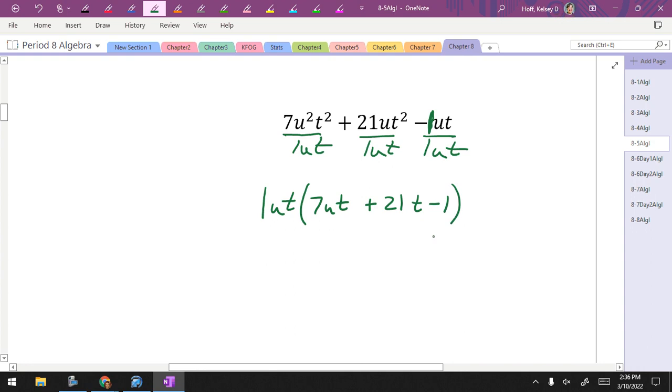Nice. Nice. Do the one right below that.